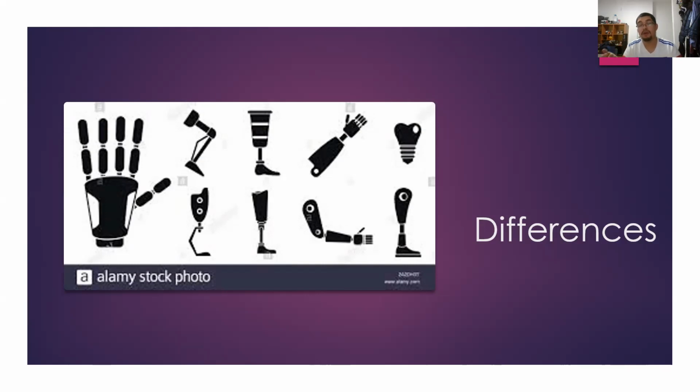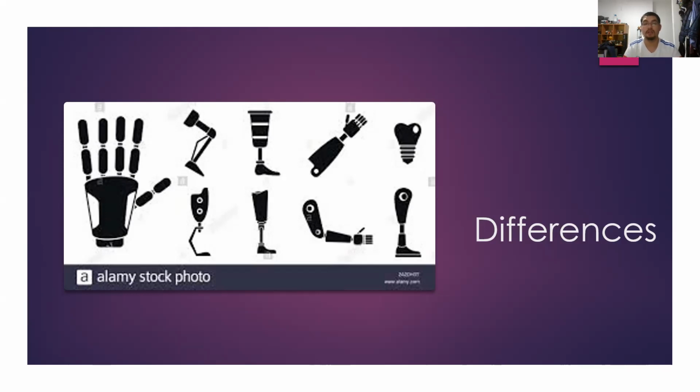The cost of these models is very expensive because we have more technology, more sensors, more joints, etc. The other characteristic is the materials found in this type of prosthetic.